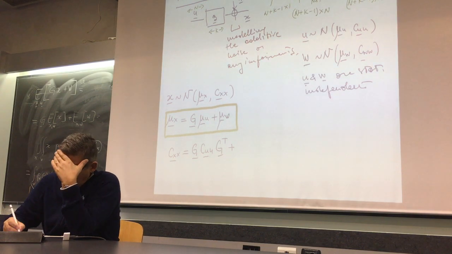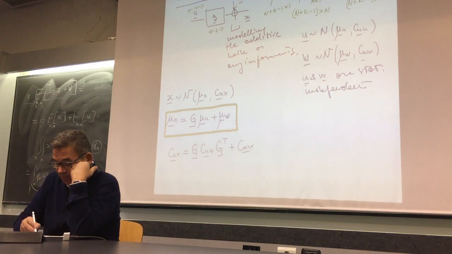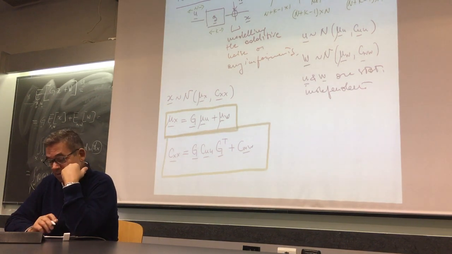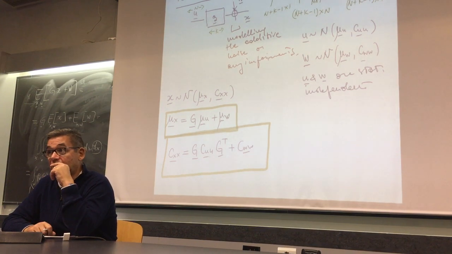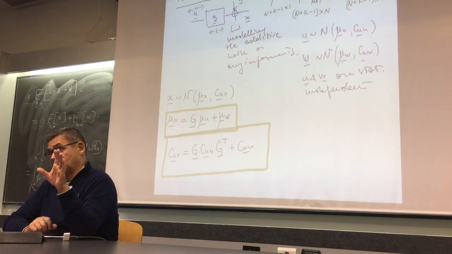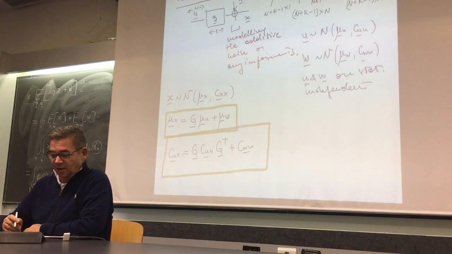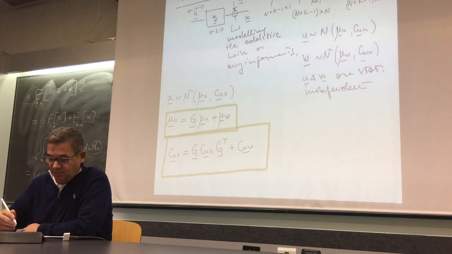And so that's the case. So it is C. And that's the second property. That will be very useful. Okay? Because the covariance of the sum of independent random variables is the sum of the variances. That's the same. So this is remark number 1.